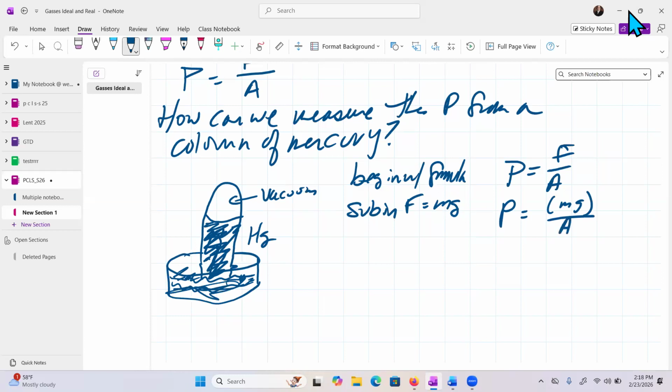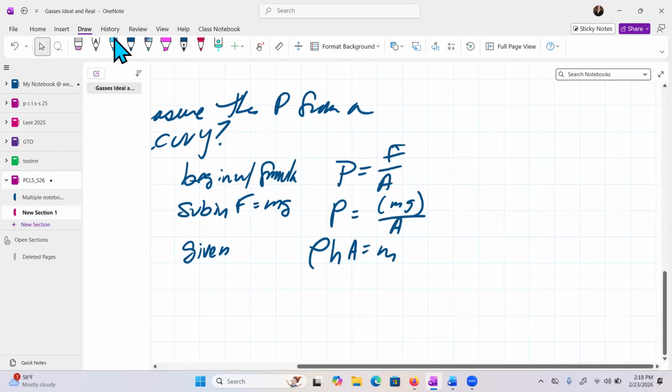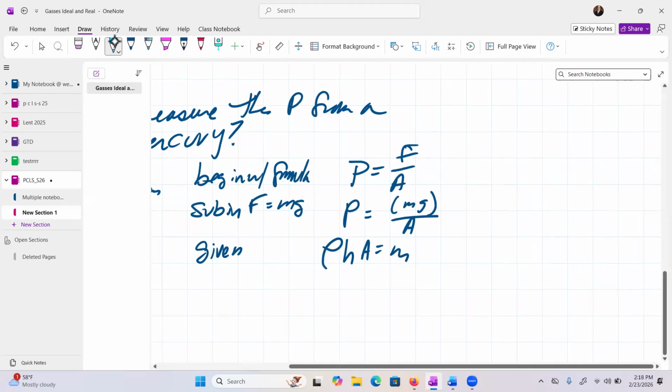Now I'm going to make another given, which you may not believe at first, but I will show you how it works. Given rho H A equals M. Bam. What the heck is this? All right, let's make a little aside over here and make some notes about what this is.